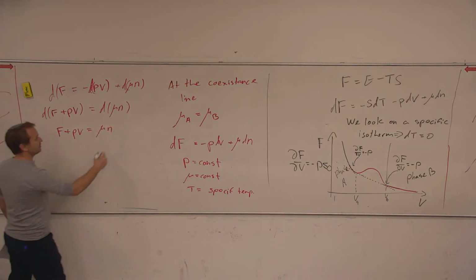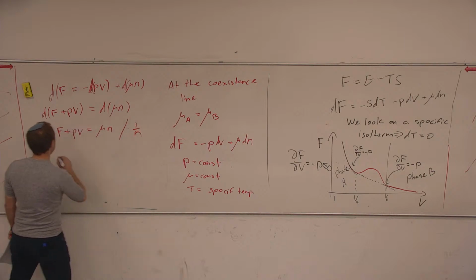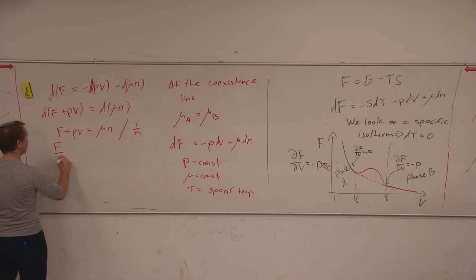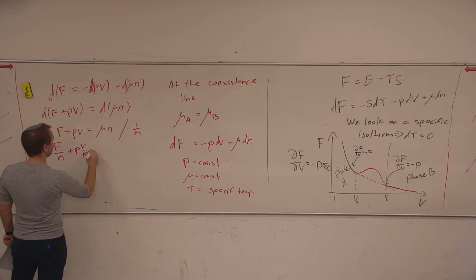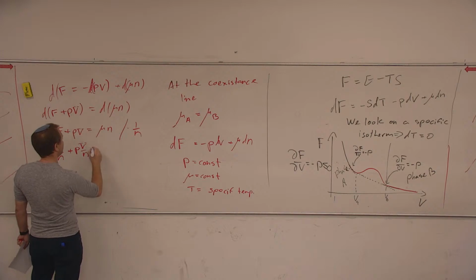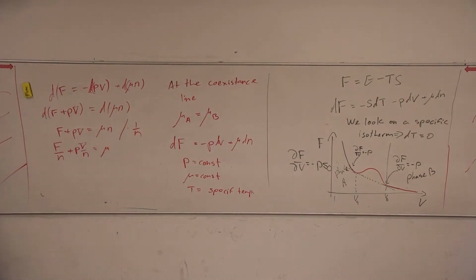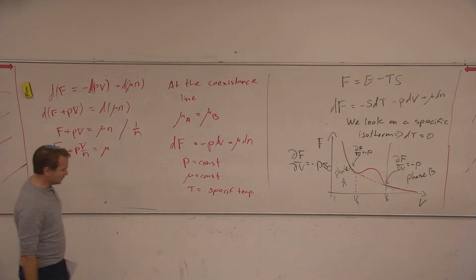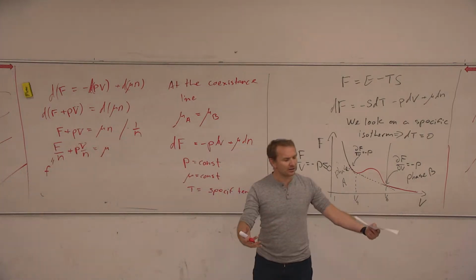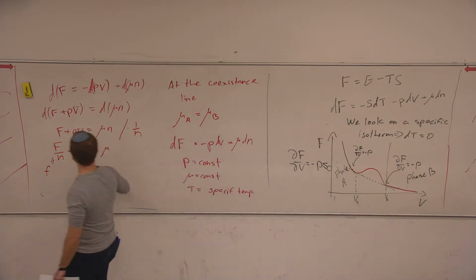Let's divide everything by N. And we have F divided by N plus PV divided by N equals mu. Now, what is F divided by N? Let's call it small f. It's the free energy per particle or per mole. What is V divided by N?